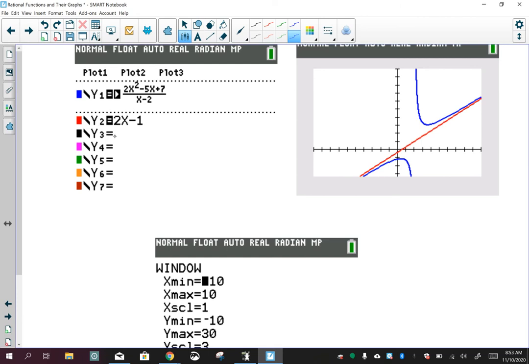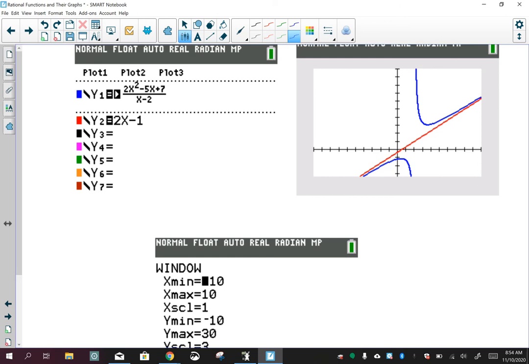Here is my slant asymptote right here. You will notice that we are running off into infinity along that slant. So yes, I'm running off to positive infinity going this way and negative infinity, but I'm doing it at a specific pattern.